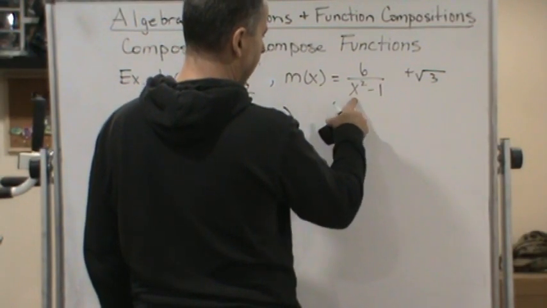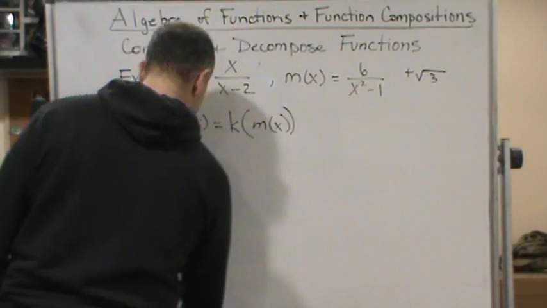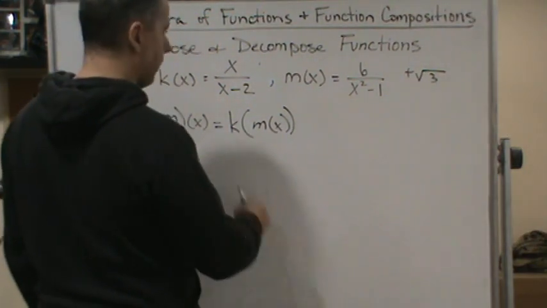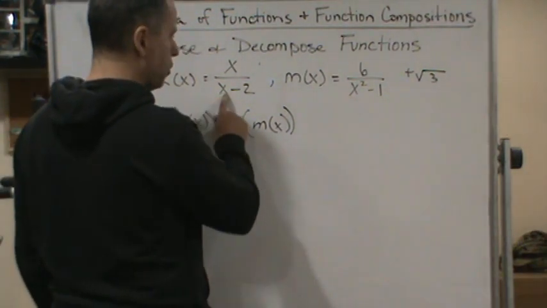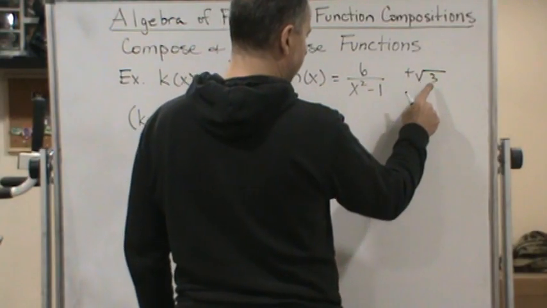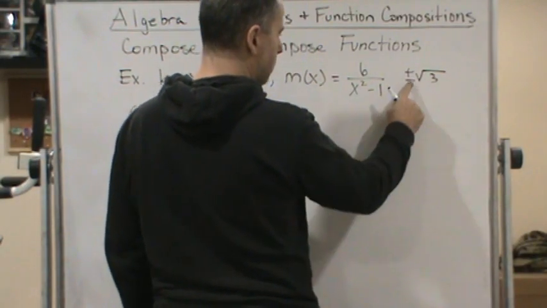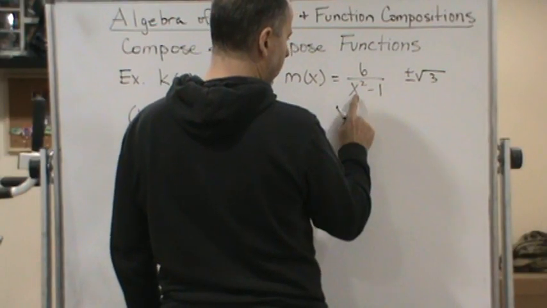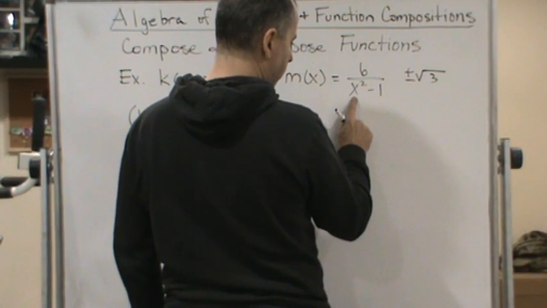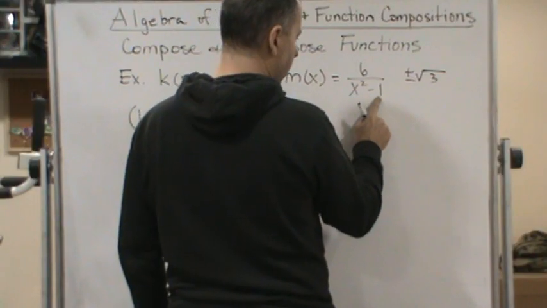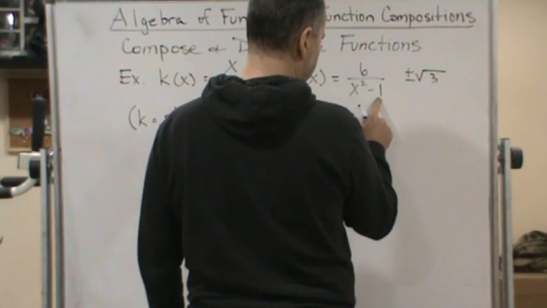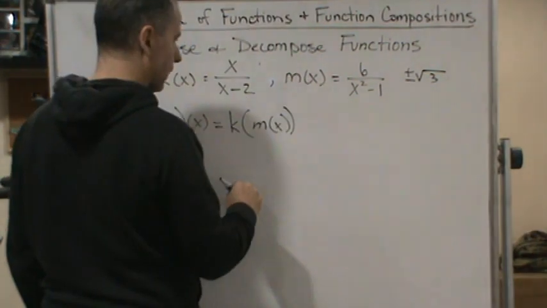So that's where you can get the plus or minus 1 as well. Okay, but we want to see if we can get a 2 here. If x is plus or minus square root of 3, then we'll get a 3 here. And 3 minus, hold on a second.